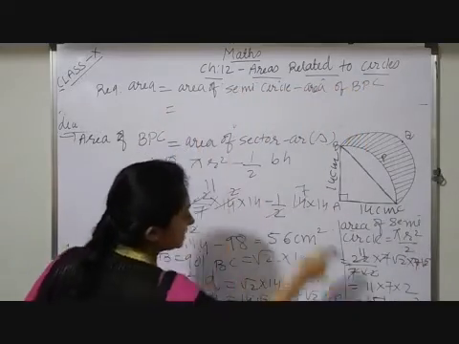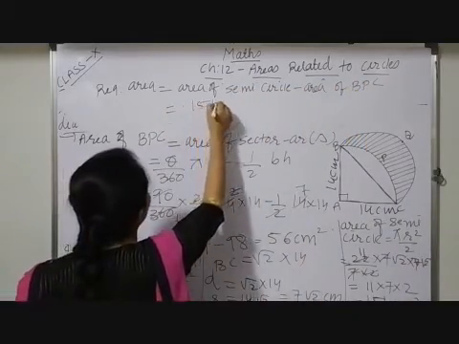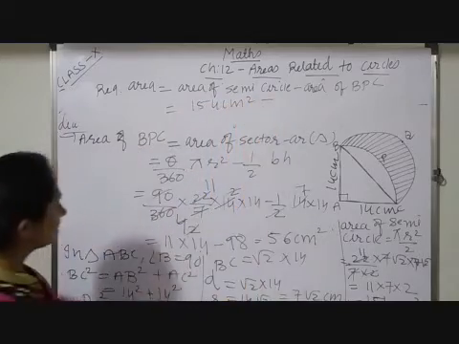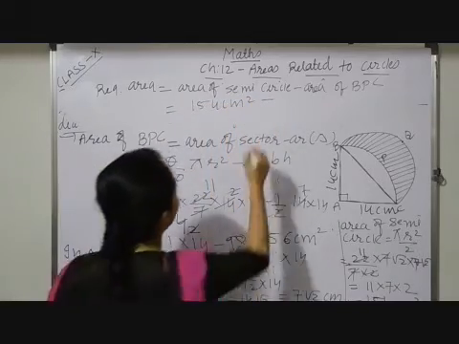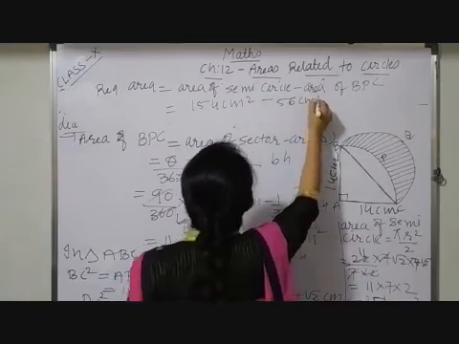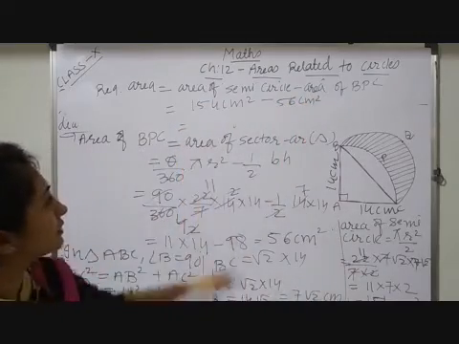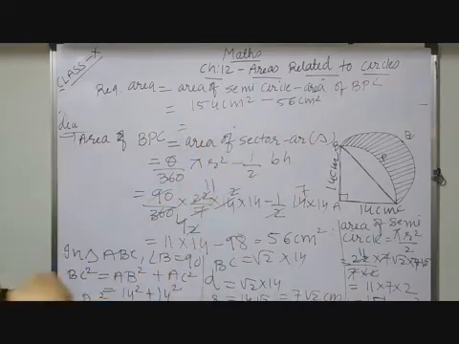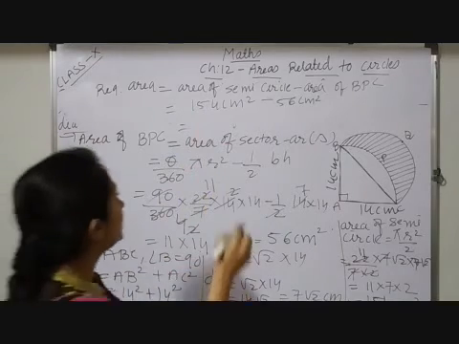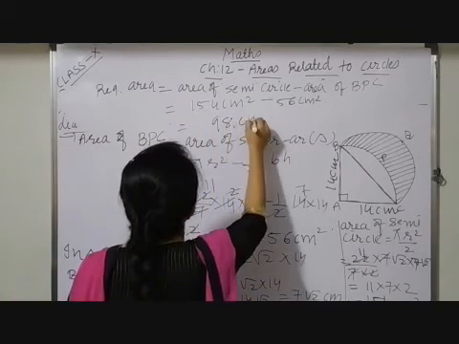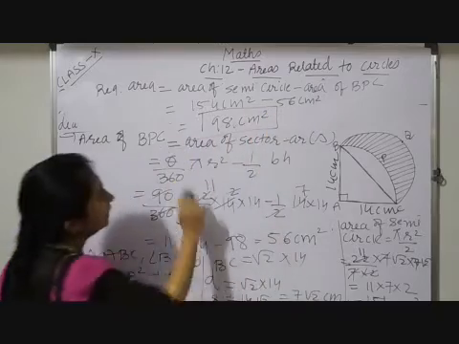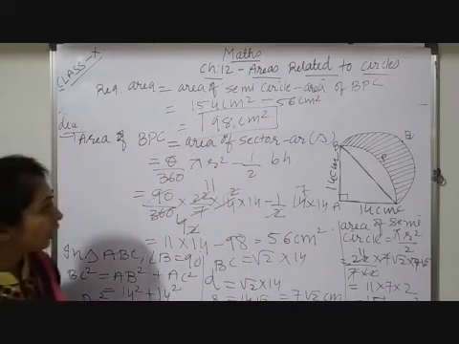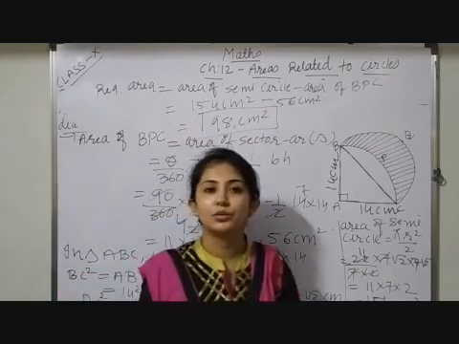So the area of the semicircle, here we are getting 154 centimeter square, minus this area, here we are getting 56 centimeter square. So when you subtract 56 from 154, here you will get the final answer as 98 centimeter square. So this is the required area of the shaded region. Hope this solution is understood to you. Thank you.